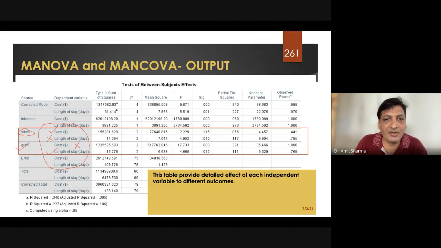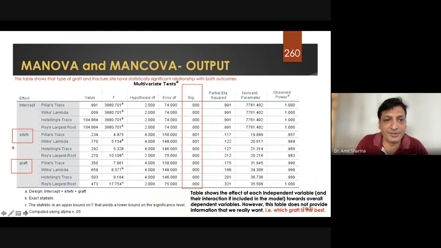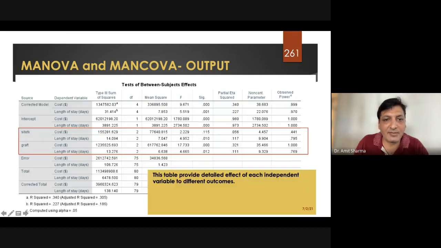The previous table gives you the overall multivariate test, but here you are going to get the exact results, and you can find that different results we have got. It is interesting. These 4 p-values we have to find. First we have to find where our two independent variables are, and here we have site of fracture and graft, and we'll see what the p-values were.